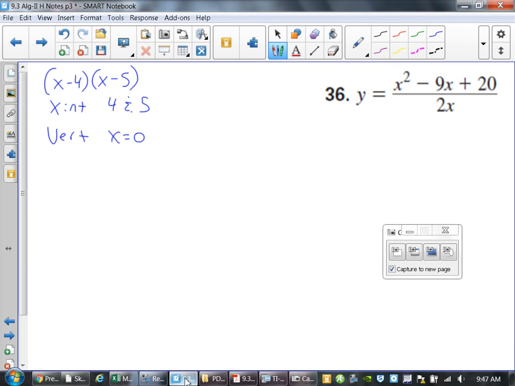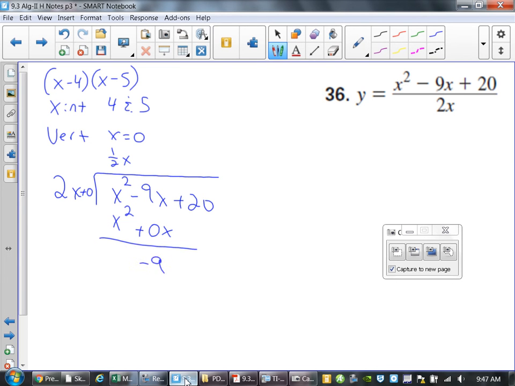So when we do that, we take our 2x into x squared minus 9x plus 20. So it's 1/2 x. Let me put in a plus 0 here, just so I have a little placeholder.